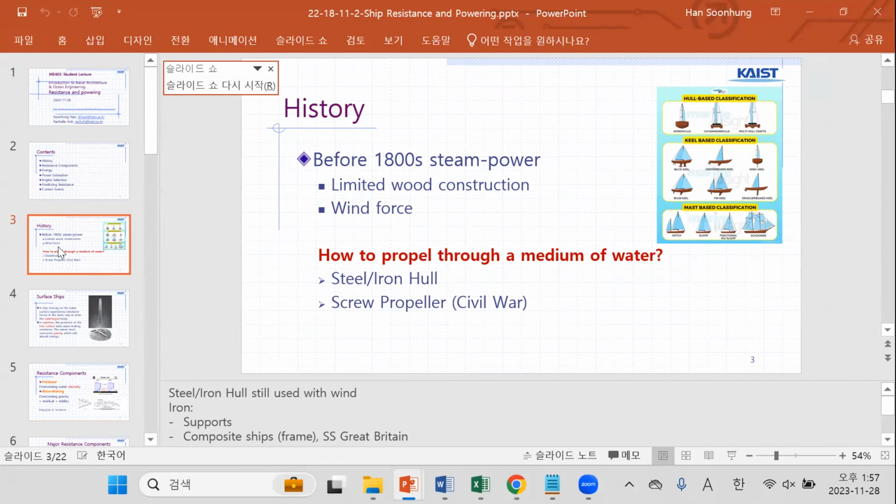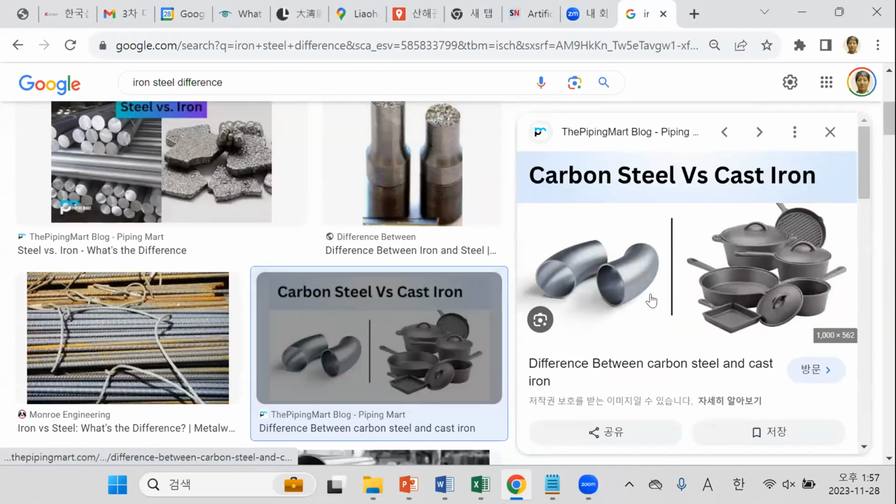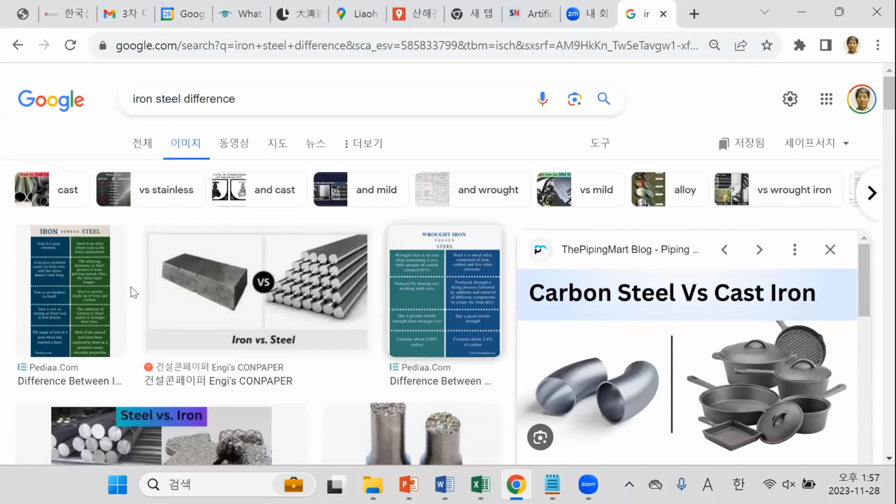You already know about the steel and iron difference, but you may not remember this. So I try to use you more on this. So carbon steel and cast iron. You remember this? This is a steel pipe, and this is iron cooking devices. So there you can find more on this. And then also you can see from this table which one is simple.